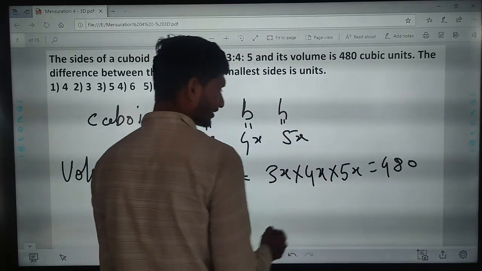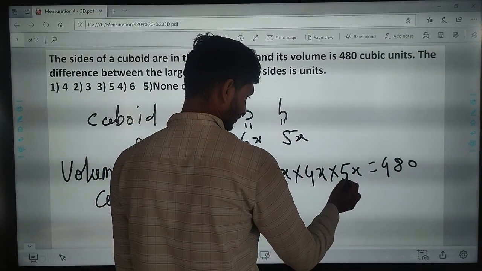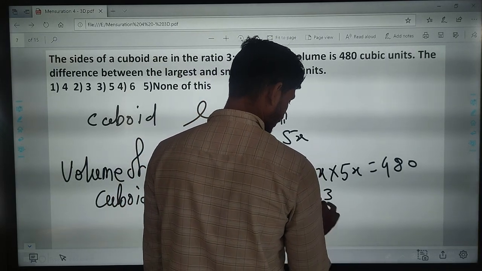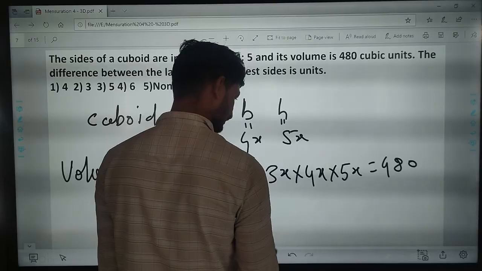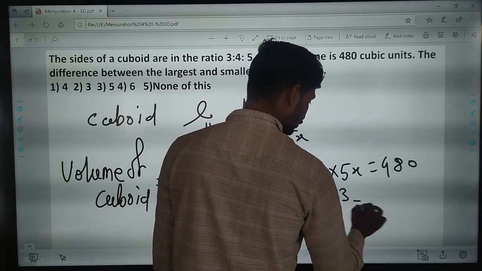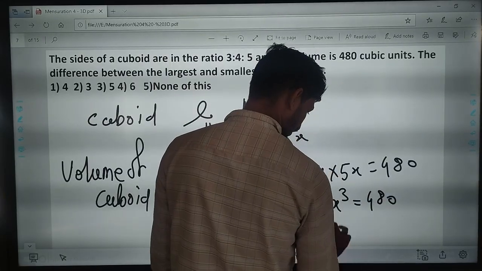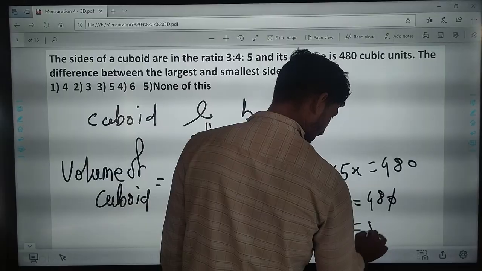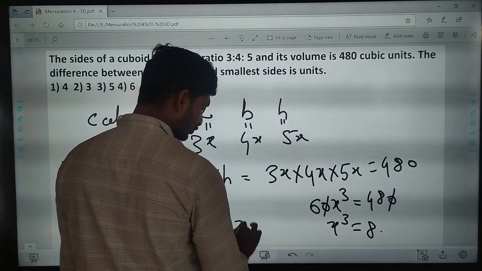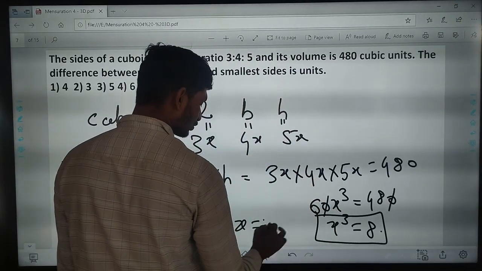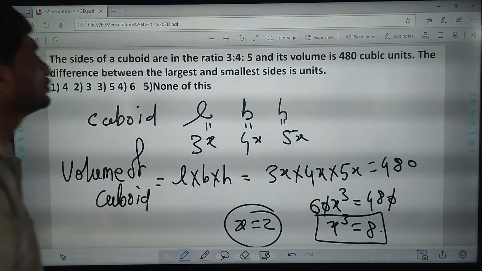Now here we multiply: 60x cube is equal to 480. Now x cube is equal to 8. Then x is equal to 2. Value of x is equal to 2.